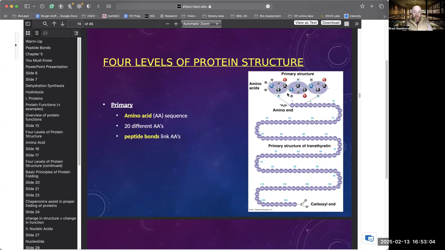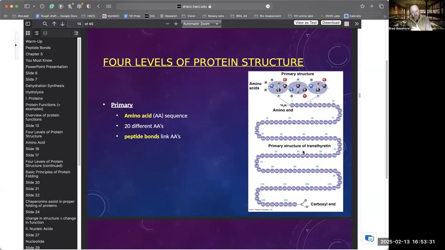These are going to link together again, like links in a chain. Here we see a long chain of amino acids, and each one of these purple balls is a different amino acid. And if you look closely at it, there are three-letter abbreviations, and those abbreviations tell you what that amino acid is. So here's tryptophan, here's valine, here's phenylalanine.